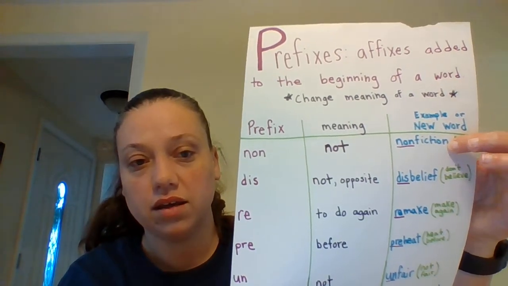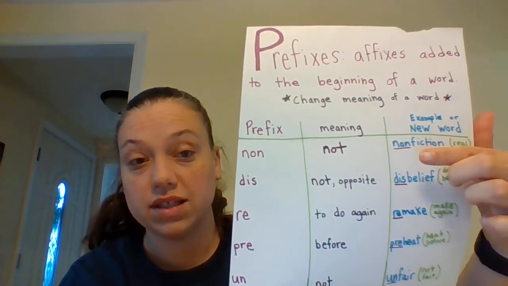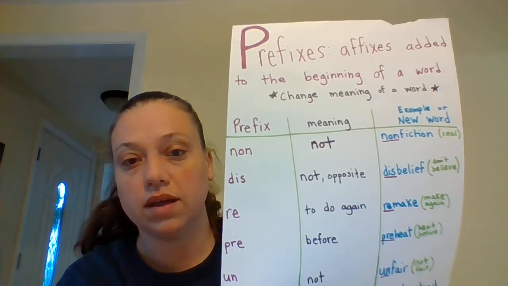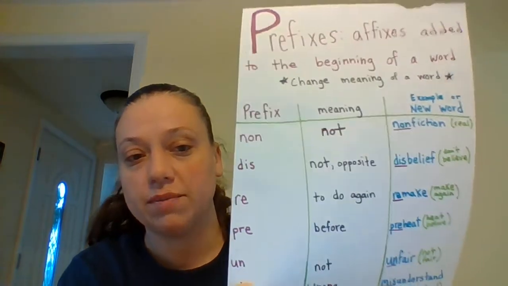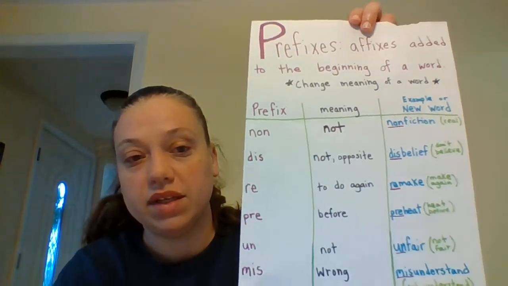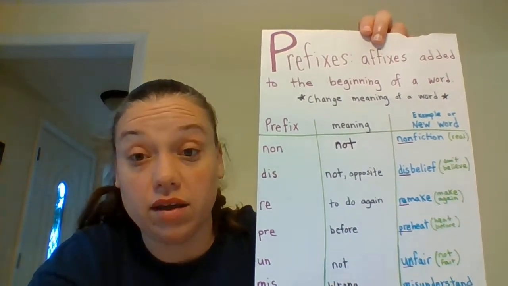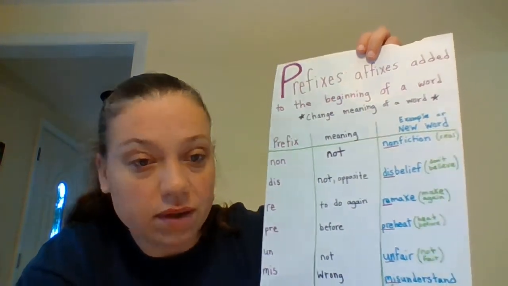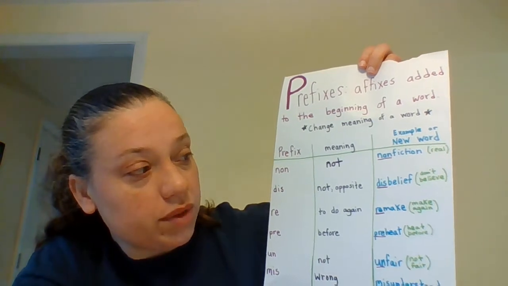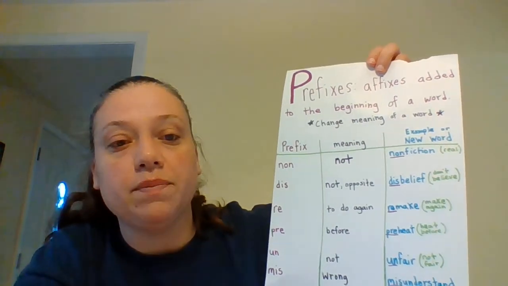Fiction is fake, and we changed the meaning to not fake, or real. Then we have dis. This is also not, or can be the opposite: disbelief. I am in disbelief that we are still out of school and we're teaching you this way. I really miss you guys. So disbelief means I don't believe it. I can't believe it.